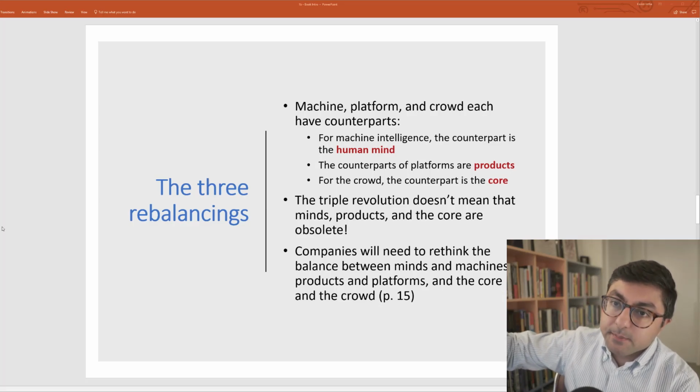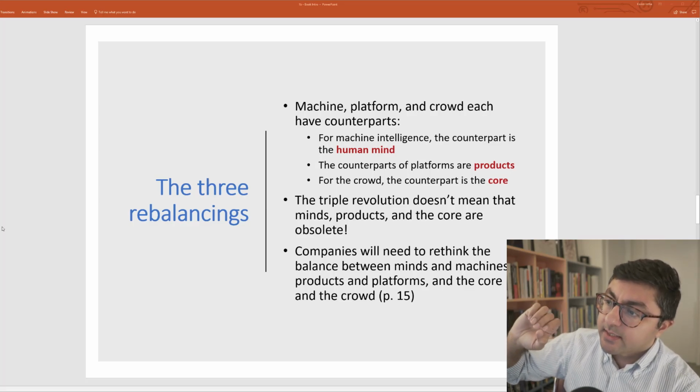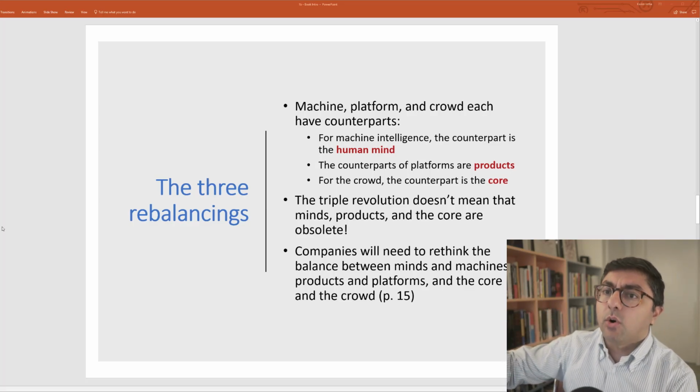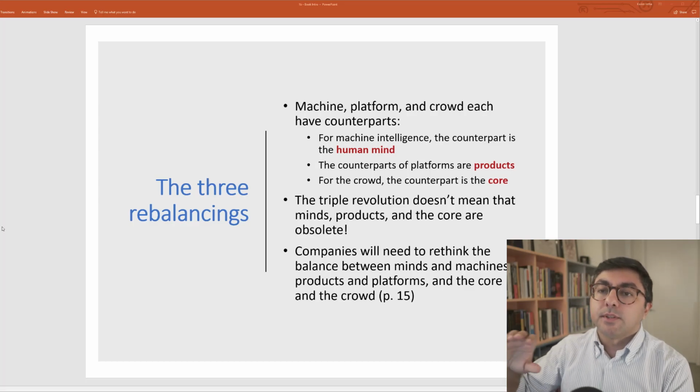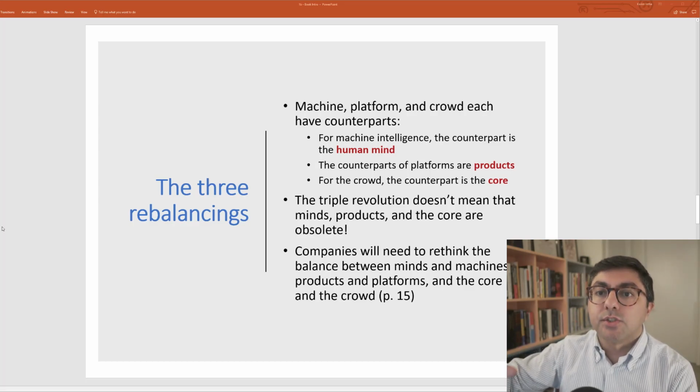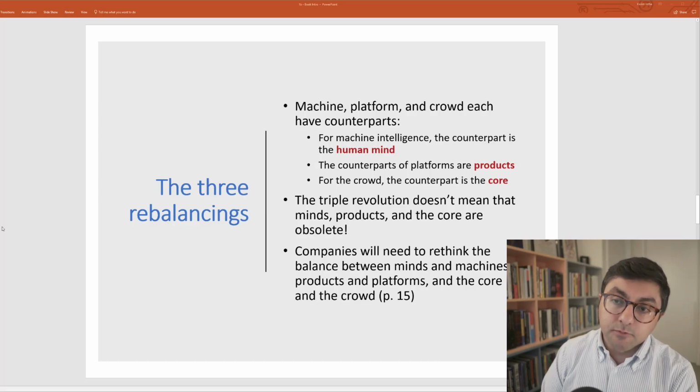The thing that's important to note, the caveat, is that minds, products, and the core do not become obsolete, but the question is how do we work together with these new kinds of systems to create business models, business processes that are even more efficient and more effective than what we've been doing in the past.